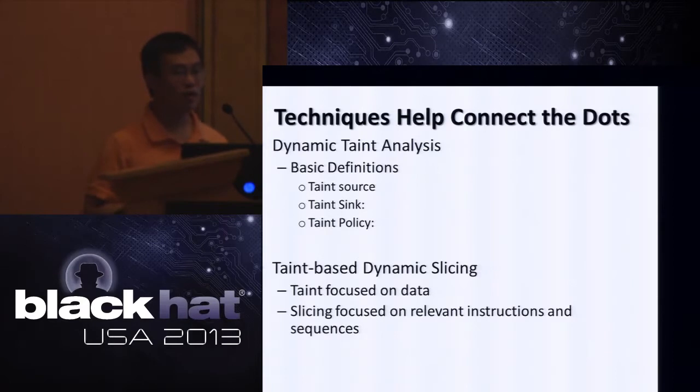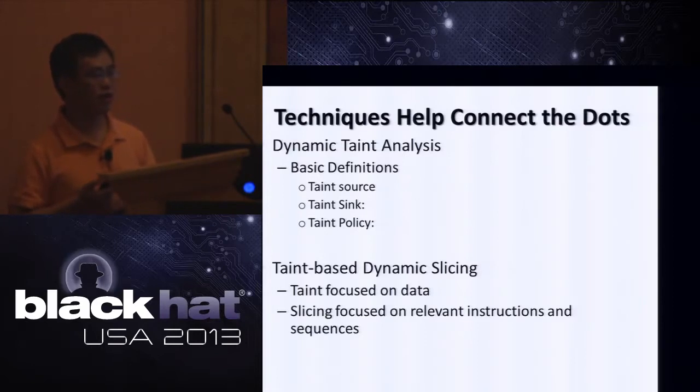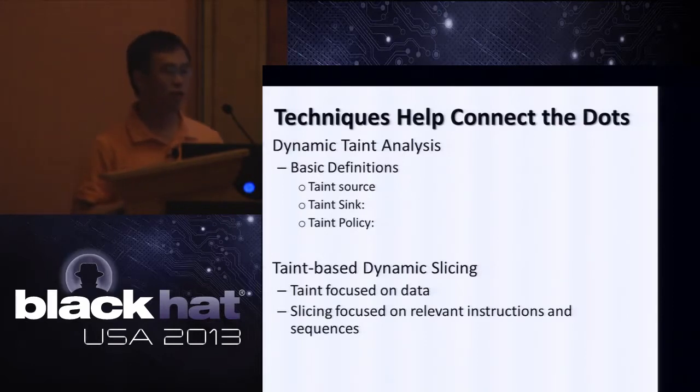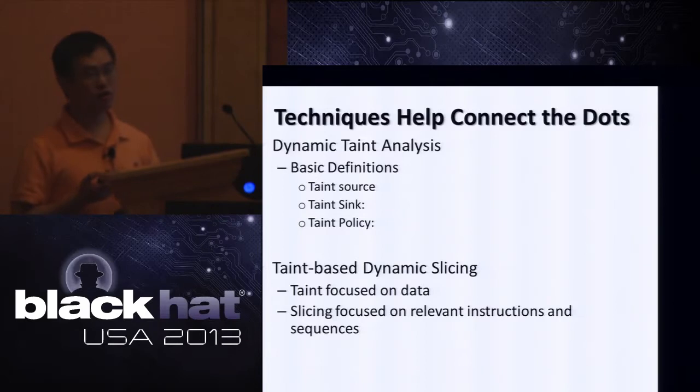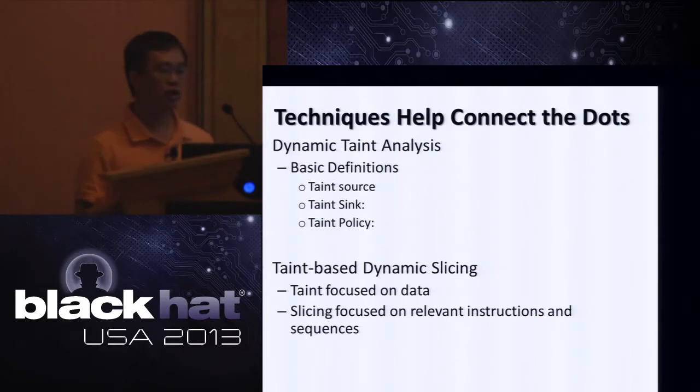So let's assume that people don't have a deeper background in this technique and start with a few basic definitions. The taint source is the data you want to start with. The taint sink is the data you eventually care about. And the taint policy is how the taint source might affect the sink.